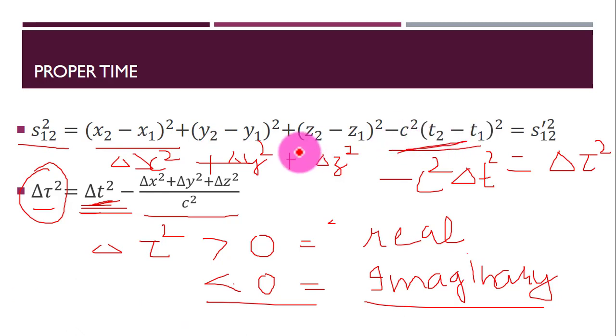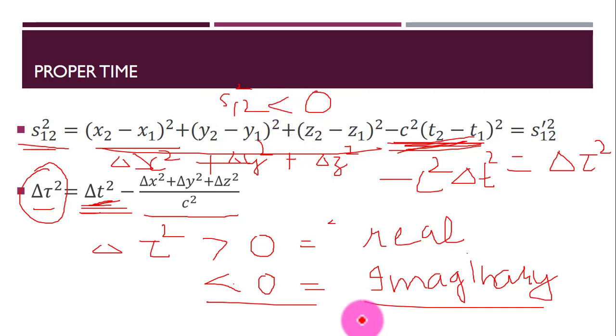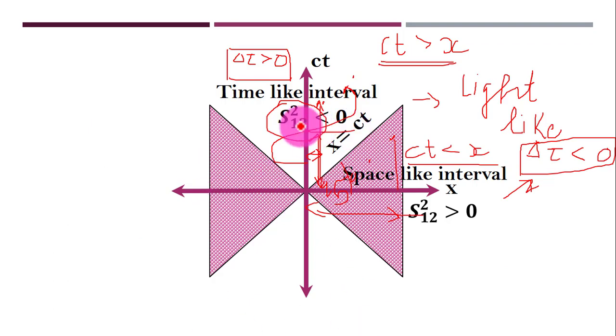All the points lying above the x equals ct line have the ct term greater than x, so this quantity will be greater and this quantity will be smaller, and the difference will come out negative. So s12 square will be less than 0. That means the space-time interval will be less than 0 for such events. Such an interval is known as a time-like interval, and all real events occur in the time-like interval.